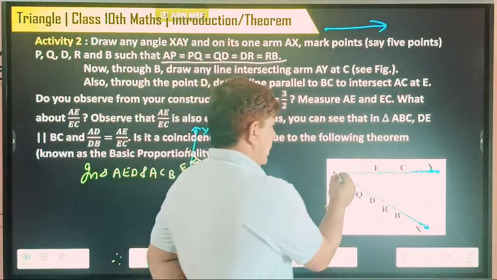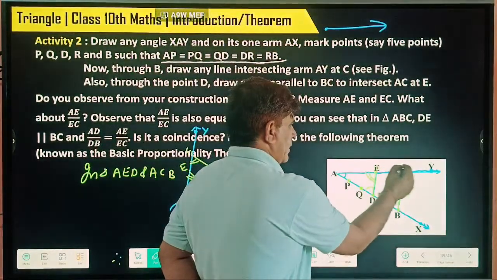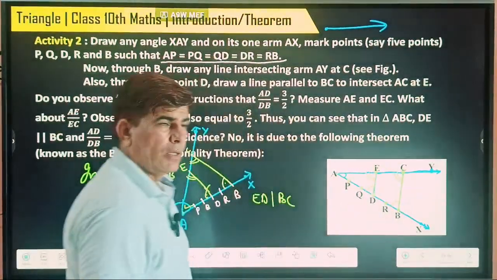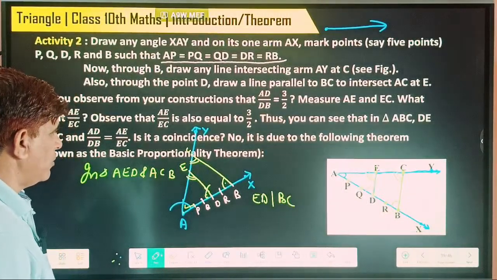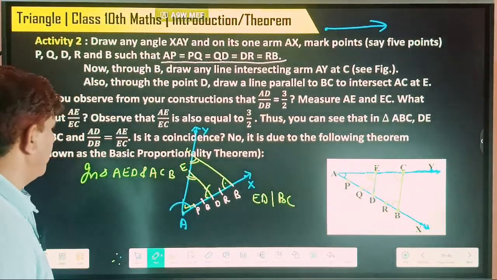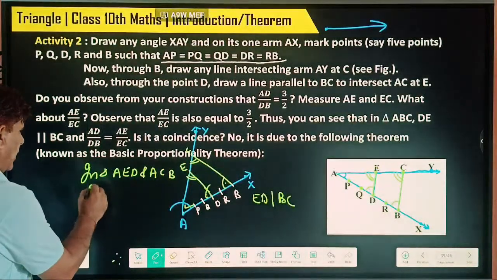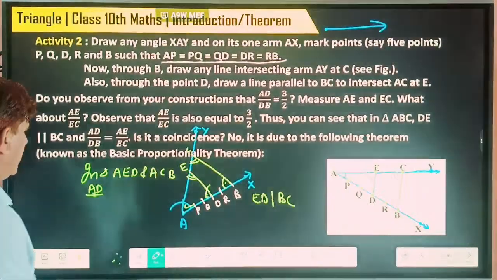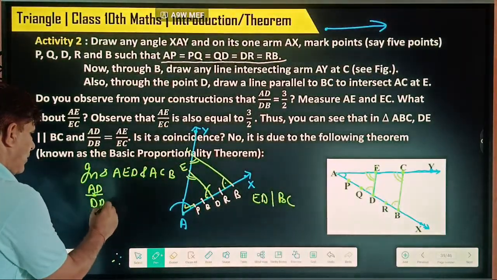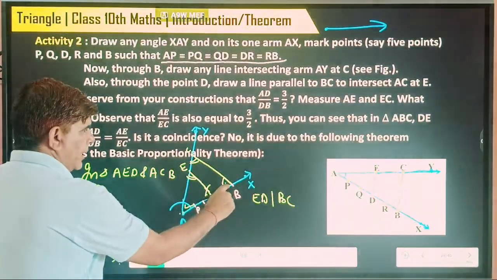Or you can say AED, ACB. Got it? So what can you say about AD by DB? AD by DB.